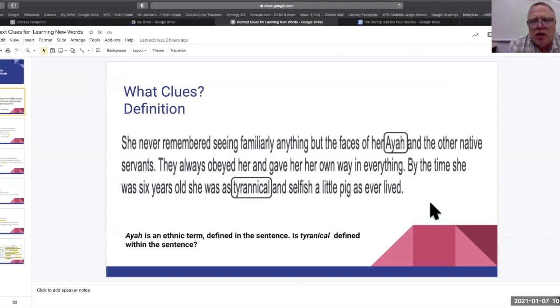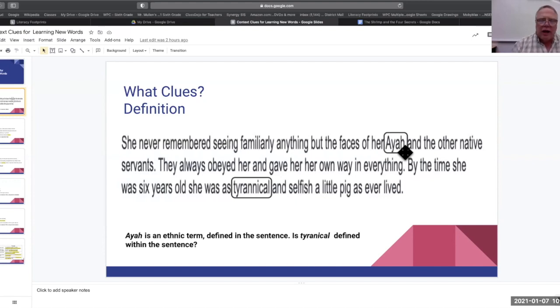Now, look, there's 2 words in these 3 lines that are really challenging. The first one is ayah. And this word is challenging because it's an ethnic term. It comes from a different culture. And so we have to read around. We're not going to know what that is.